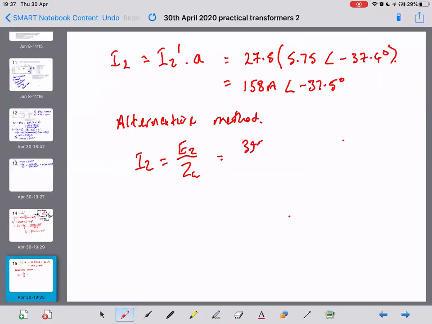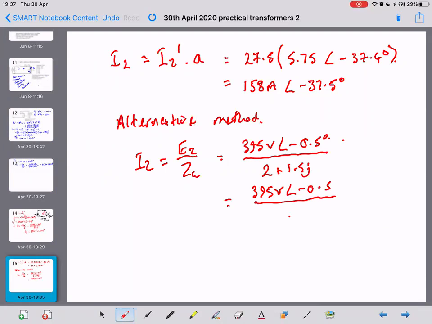That's the 395 volts angle minus 0.5 degrees, and we need to convert the 2 plus 1.5j to polar form, divided by 2.5 angle 36.9 degrees.